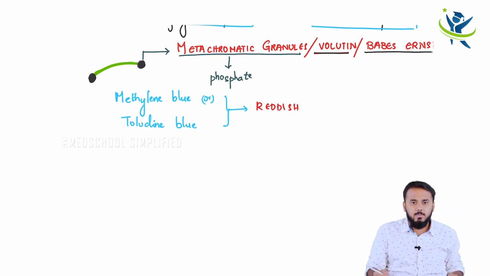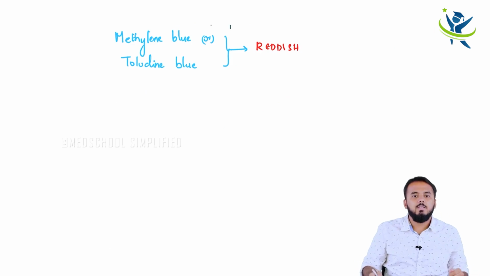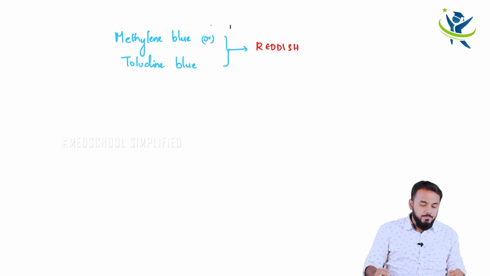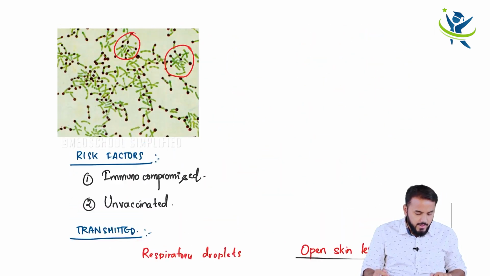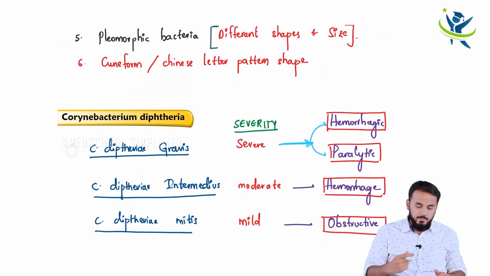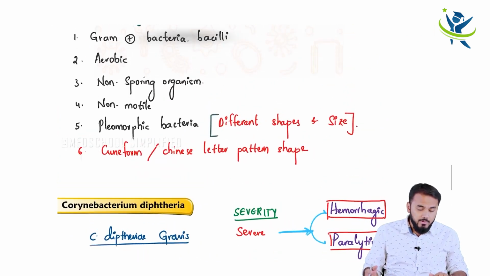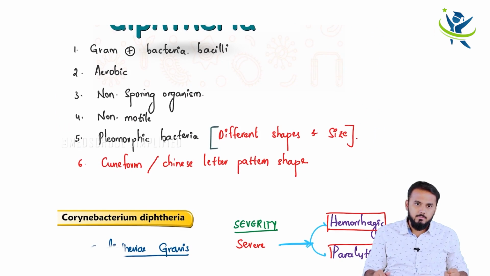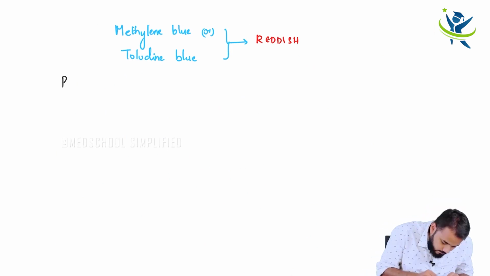So this explains the metachromasia nature of these granules. Having discussed this, now we shall discuss another important thing. We are done with the discussion of the transmission, the risk factors, the different types of Corynebacterium diphtheriae based upon severity and why so. We have also discussed the basic characteristics. Now we shall discuss the pathogenesis of this bacteria.